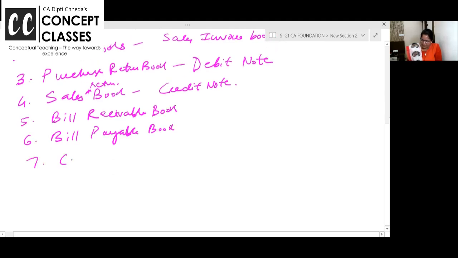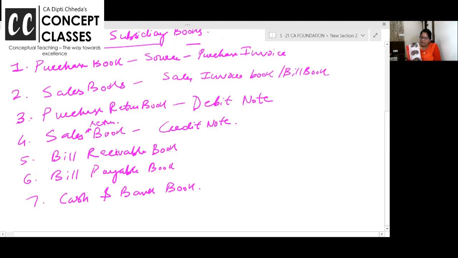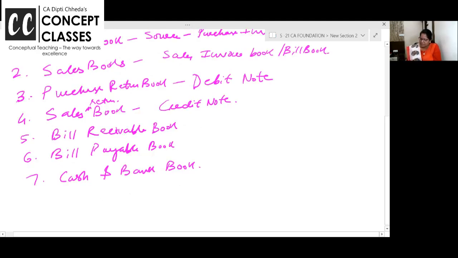Then cash and bank. Cash and bank. ठीक है? Purchase, sale, purchase return, sales return. These are like subsidiary books.